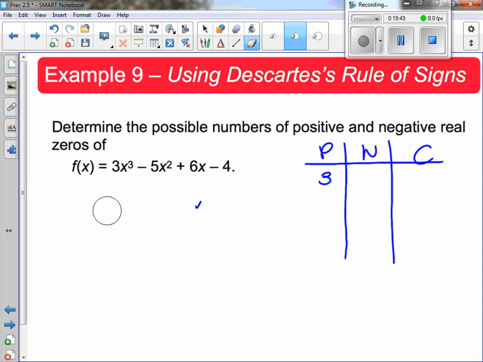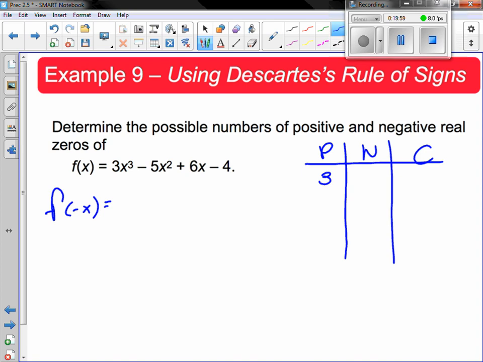Okay, that's positive. Now negative, we have to take f of negative x. And we're going to plug negative x in wherever x is. Now a shortcut for this here is, if x has an odd degree, the sign changes. If the power of x is even, it stays the same.